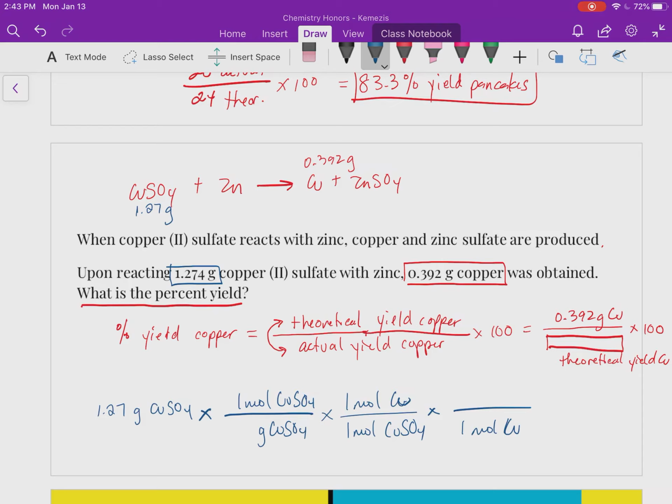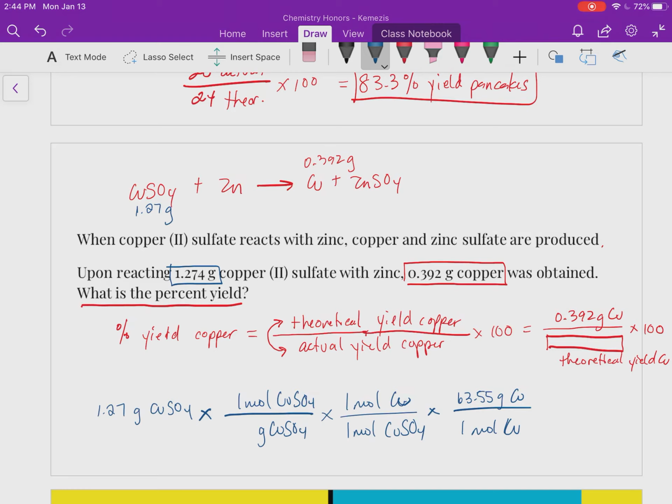So we got 63.55. And again, I'm rounding this to 2 places out of decimal, even though I could go 3 because it technically has more sig figs than the 1.27. But if this value of copper sulfate had more sig figs, I would probably keep as many as I could. You don't want your molar masses to be what limits you in your significant figures.